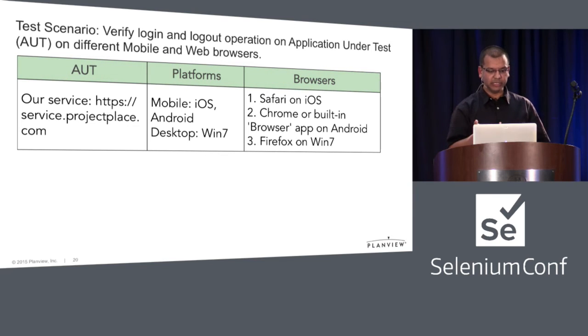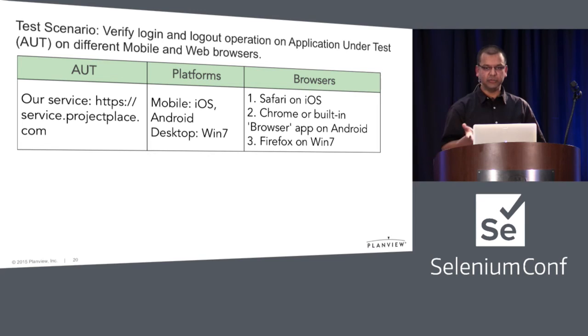So we started with the goal, as a proof of concept, of demonstrating that Appium is easy to use and will bring in some benefit to our test initiative. The test scenario that we tried with Appium is a simple login and logout scenario on our service.